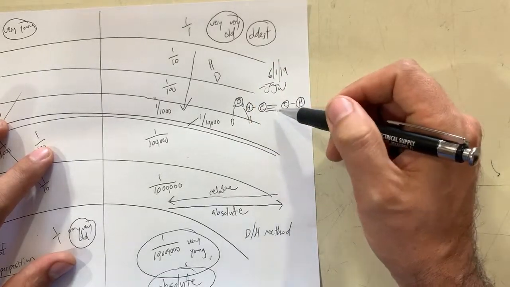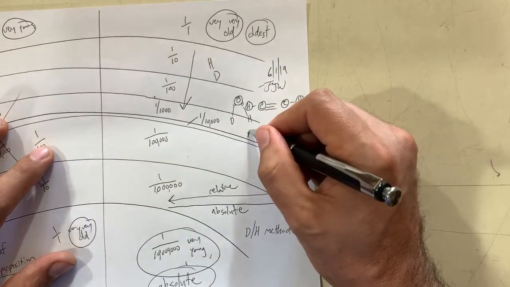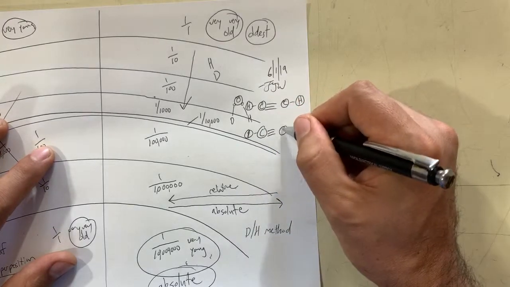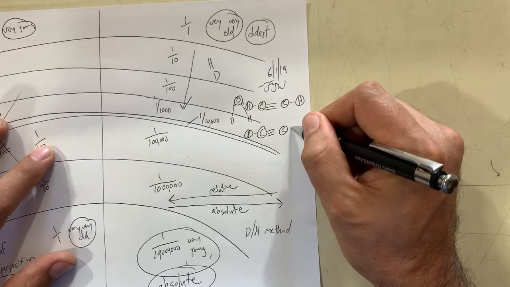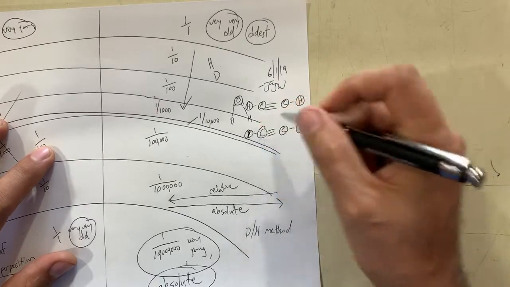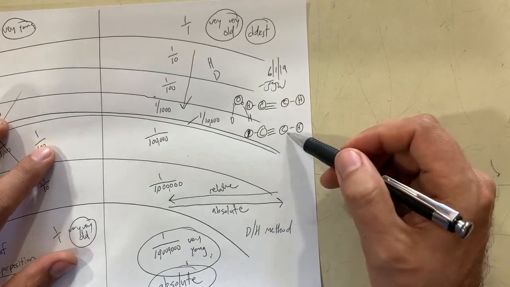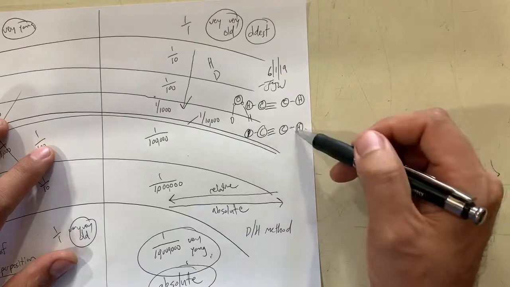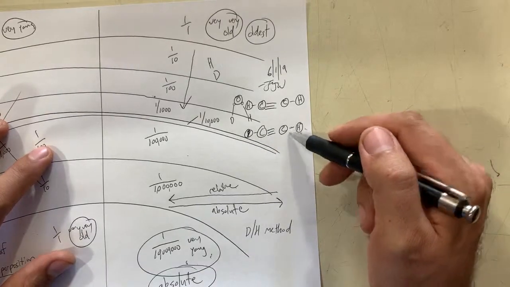But then heavy acetylene would be a deuterium, carbon, and these three lines right here is a triple bond, and you have maybe a hydrogen over here. So you could have a deuterium, carbon, triple bonded carbon, and a hydrogen, or both of these could be deuterium. That'd be an extra heavy acetylene.